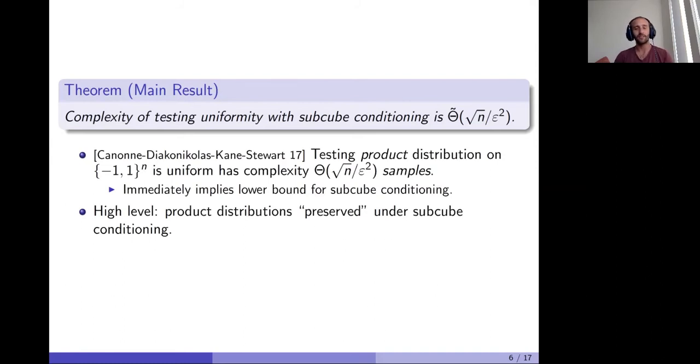It's not going to change the distribution of the other variable because we assume that the distribution is independent across the variables. So in some sense, this implies that the lower bound for testing whether a product distribution is uniform gives a corresponding lower bound for testing a general distribution under these more powerful subcube conditioning queries. So the main result of this work is really understanding the upper bound, since the lower bound we get from this prior work.